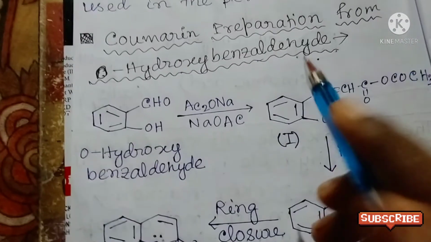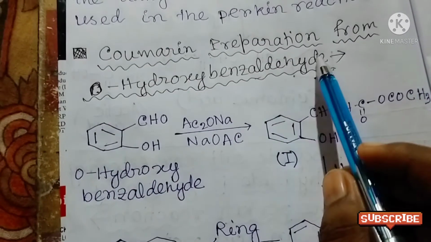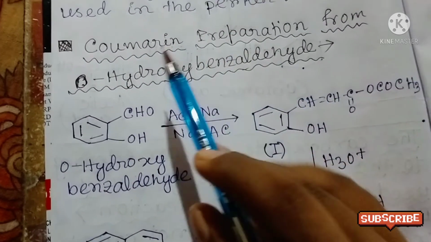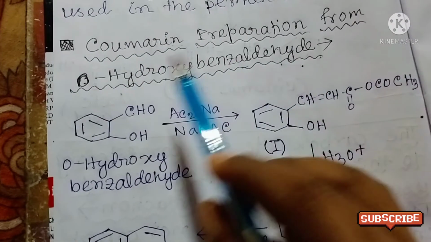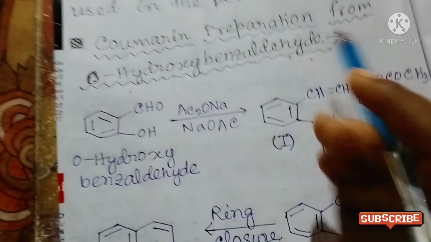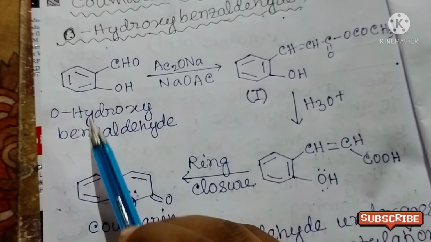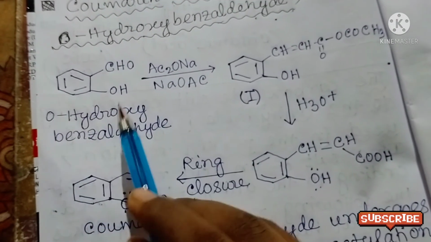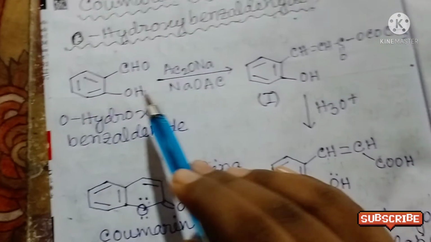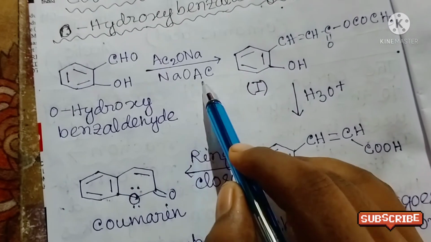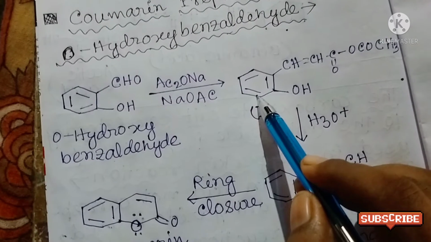Next we see coumarin preparation from ortho-hydroxybenzaldehyde. Now here we take ortho-hydroxybenzaldehyde and we treat it with Ac2O and NaOAc and we get compound 1.